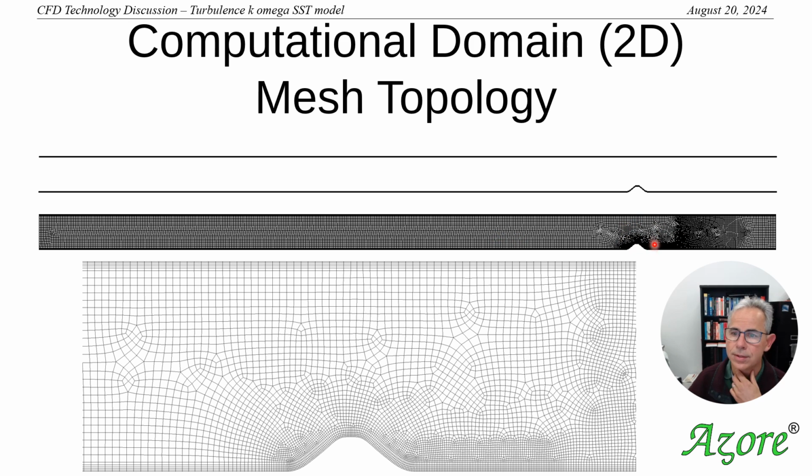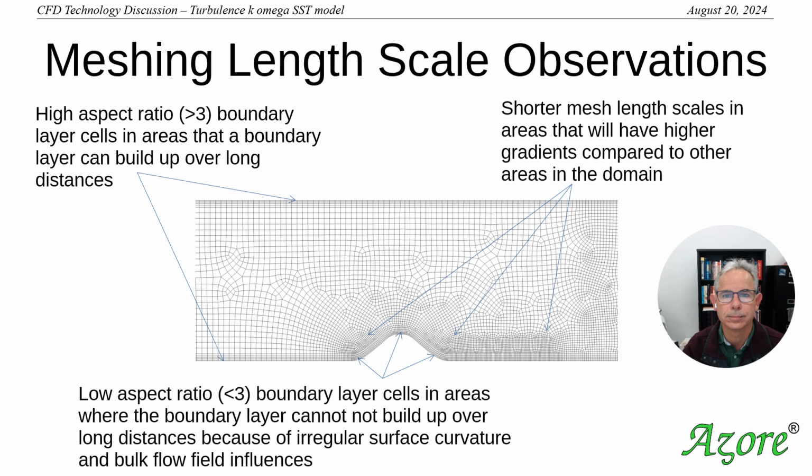If we zoom in right here, this is a zoomed-in view of the mesh topology around the hill. That's an overview of the mesh topology that we're going to use as we exercise these different turbulence models and these different software packages.